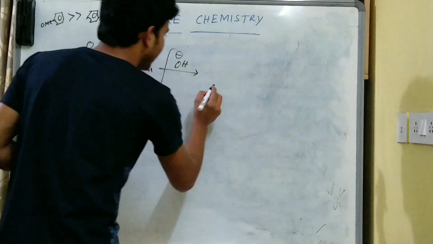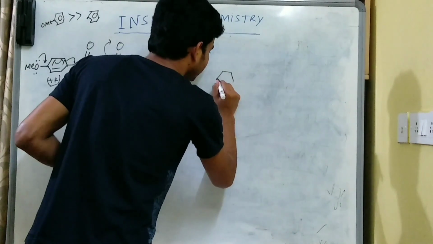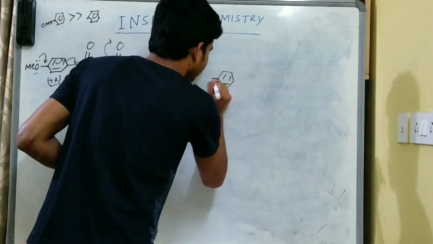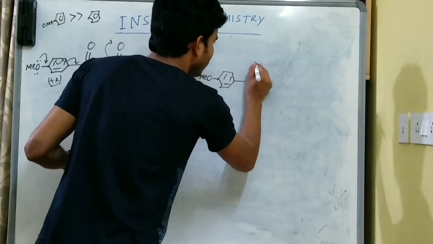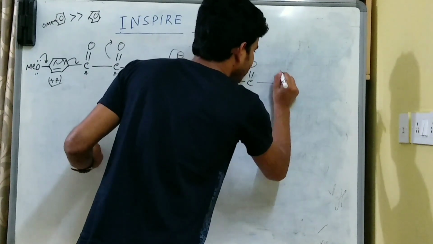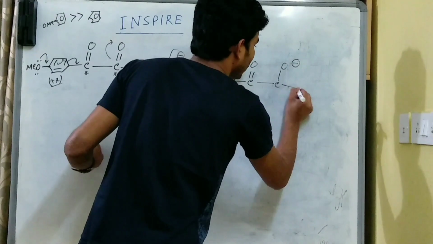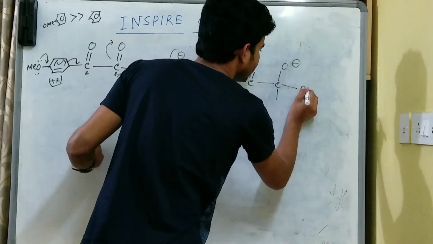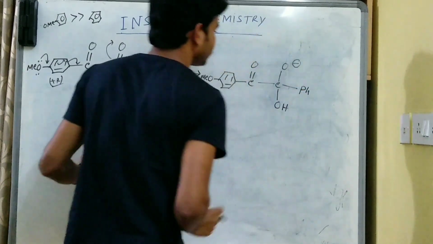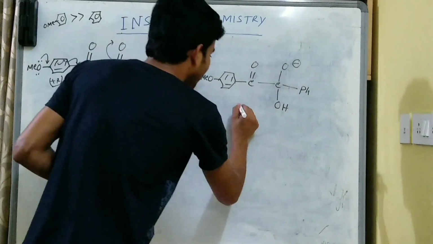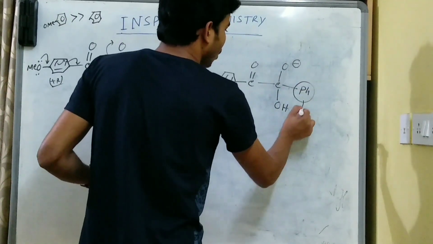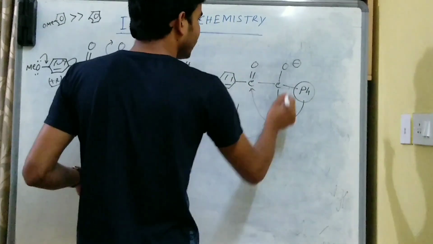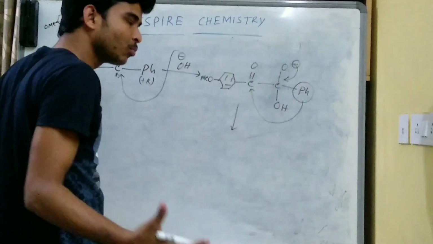After that we get OMe-Ph, C=O, then C with O negative, Ph and OH. Now we see that migration takes place: migration of the Ph to this carbon center, and O minus will get back to its position.